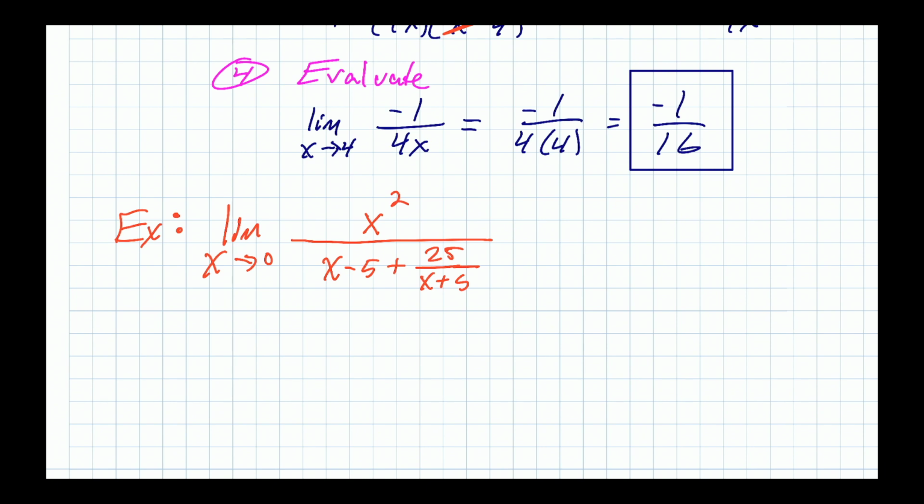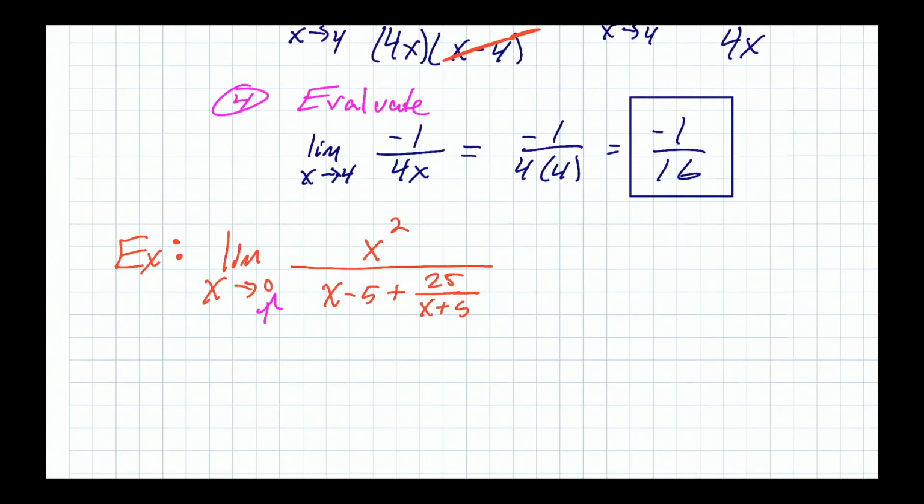But on every one of these limits, your first step needs to be to try to plug in the x value and see what you get, because you may not have to do all this algebra work. So you plug in x equals 0.